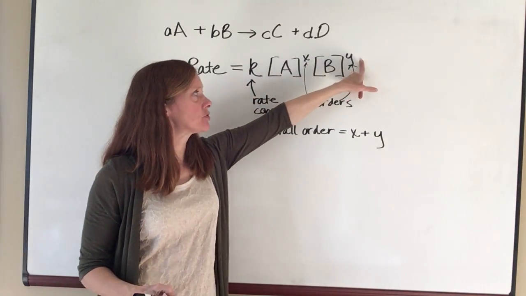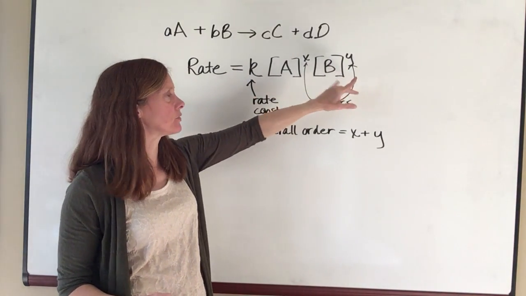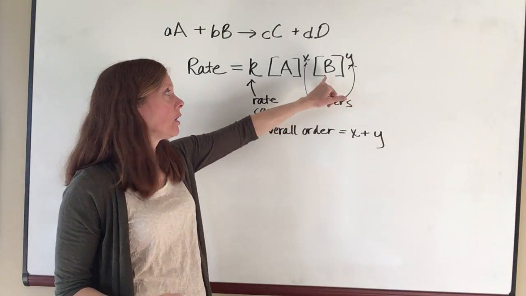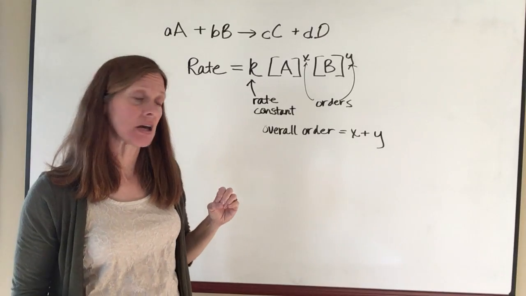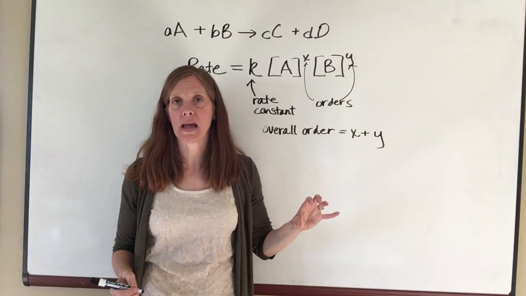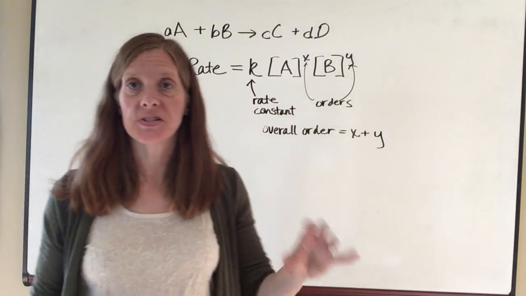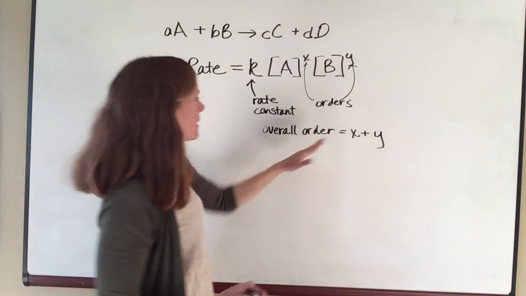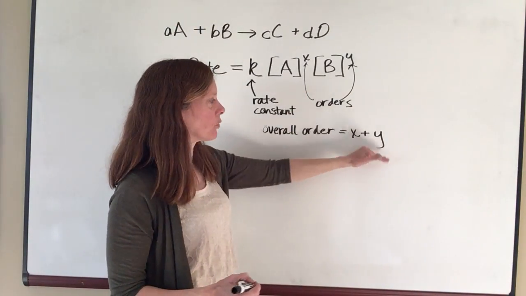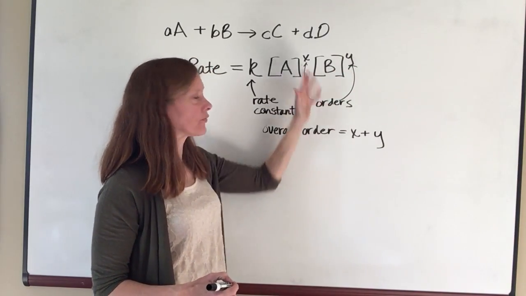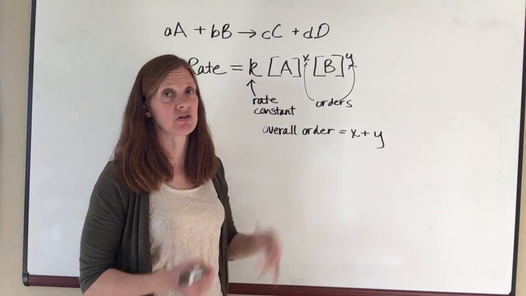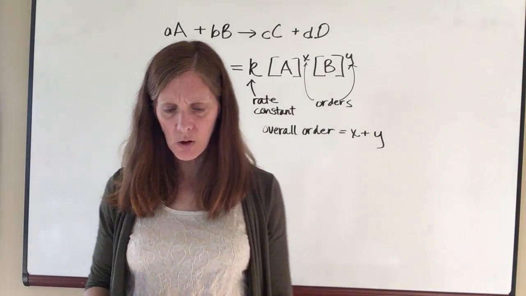If this happens to be a 1, we say that the reaction is first order with respect to reactant B. They can be a 0. In that case, we would say that particular reactant is zeroth order. Okay, and so all I have to do is add the orders together. So if this is a 2 and this is a 1, the overall order for this reaction would be 3. Just a very simple sum.